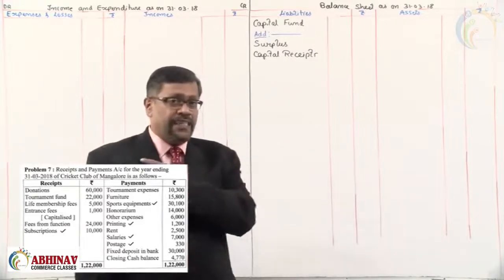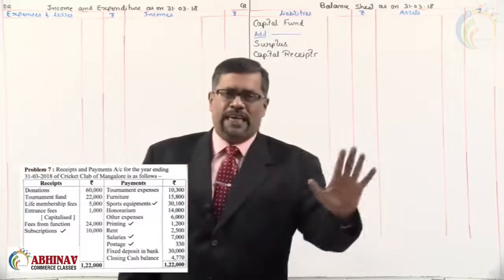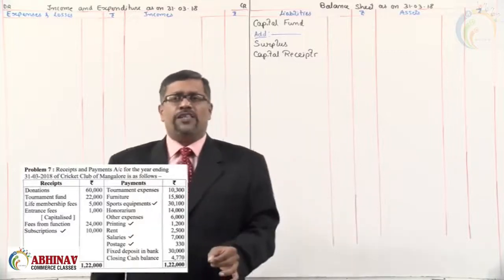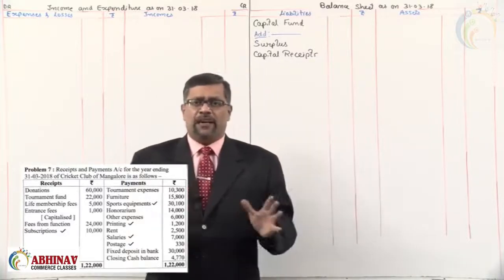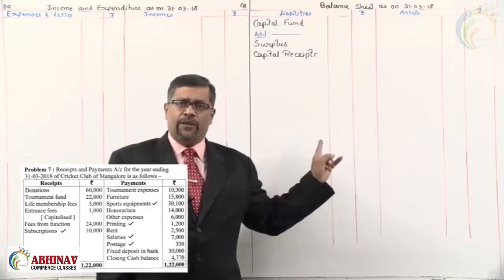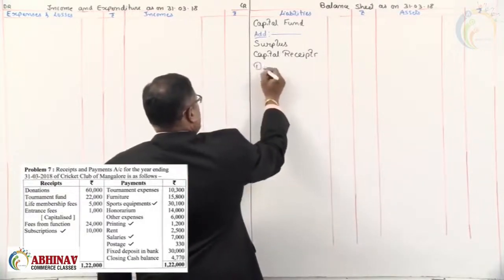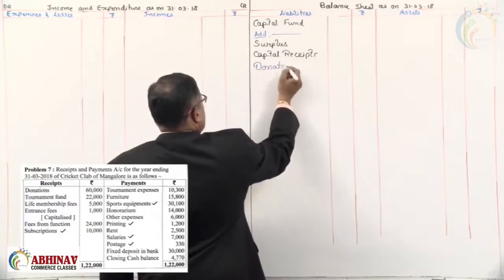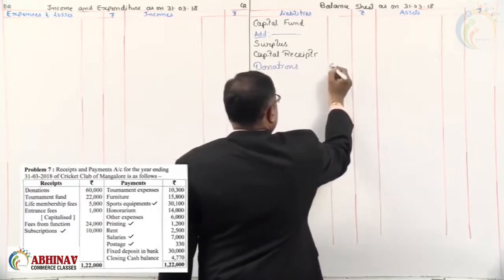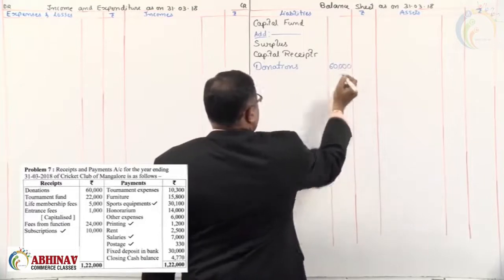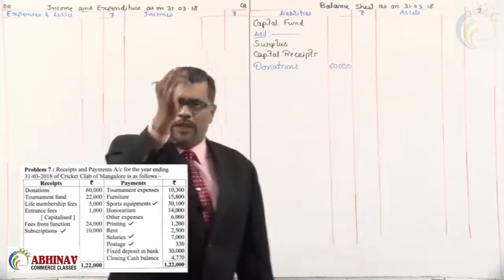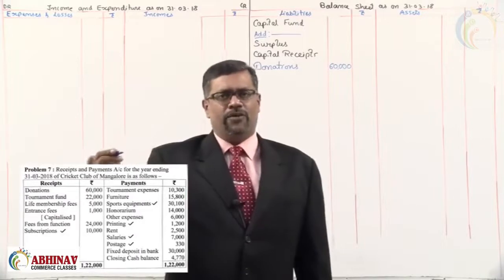If there is a deficit in the account, we have to subtract. We'll see that as we proceed further. So now donations, as we got, it's a capital receipt. We'll take it under the head of capital receipts, and show it as donations. The amount 60,000 we will take in the inner column, so the total we can take in the outer column.